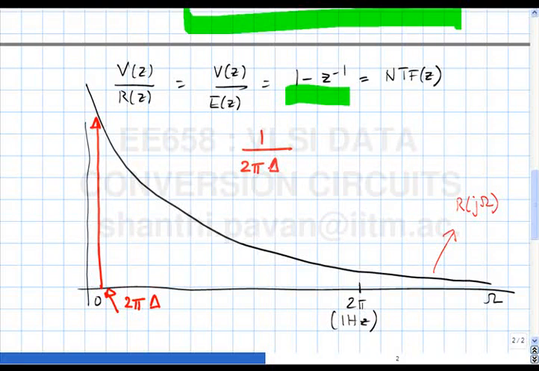Now this gets sampled, so what happens to the equivalent sampled stuff? It will alias to? Think carefully. The sampling rate is 2 pi hertz, 2 pi radians per second.